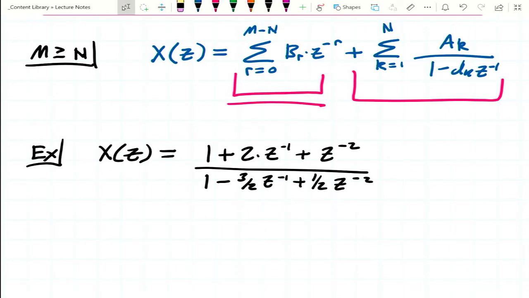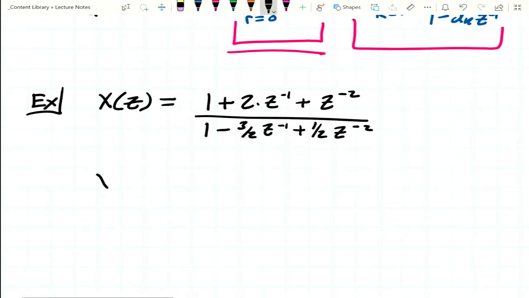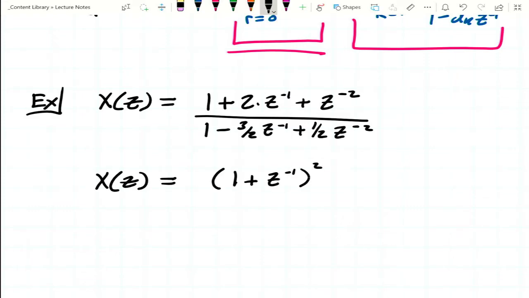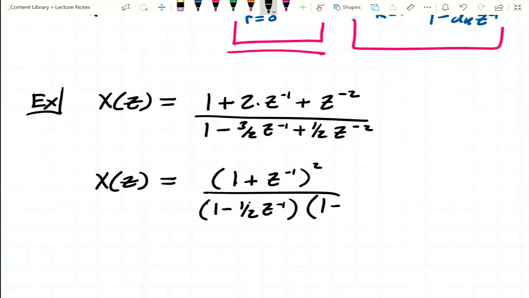So if you do a little algebra and you sort of factor this out, it will factor down to this. X of Z equals 1 plus Z to the negative 1 squared over 1 minus 1 half Z to the negative 1 times 1 plus Z to the negative 1. Right? All we did was algebraically factor out those two expressions.